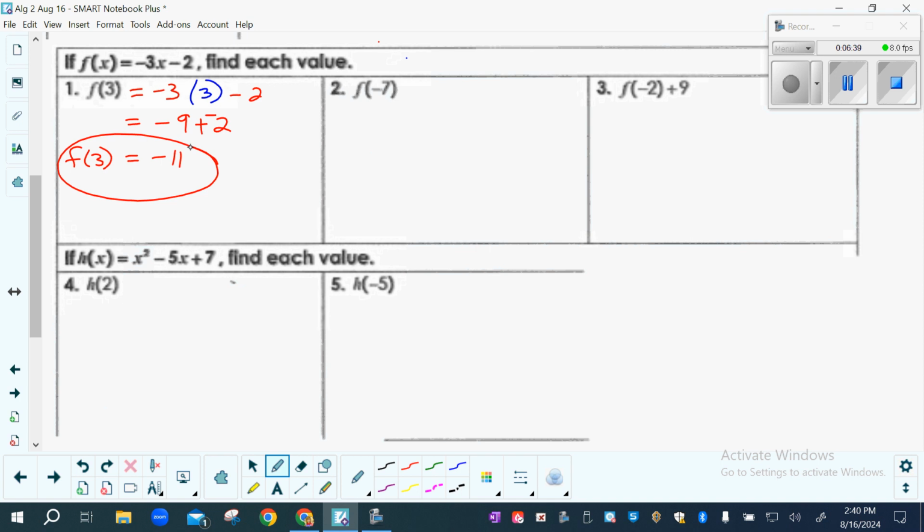Okay, so f of negative 7 is going to be negative 3 times negative 7 minus 2, or 21 minus 2, which is 19. Questions on that?